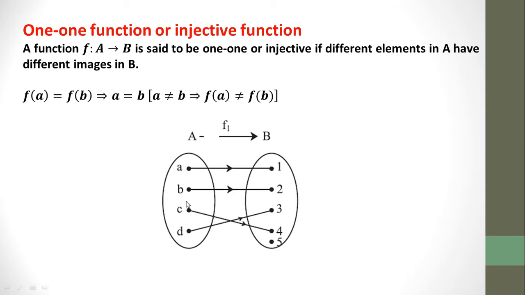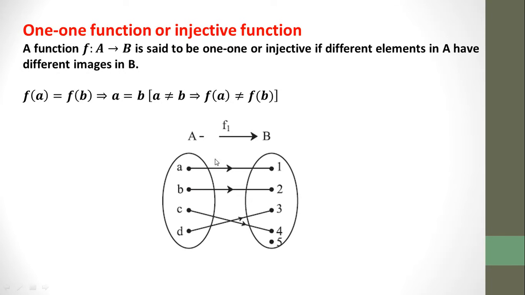As a, b, c, d, all 4 elements are different, they have different images 1, 2, 3, 4 in set B. So a is not equal to b implies f of a is not equal to f of b. Then that type of function is called 1-1 function.